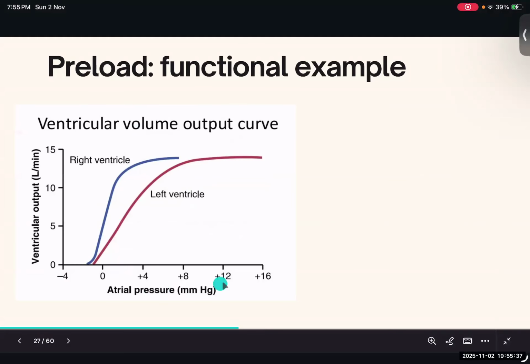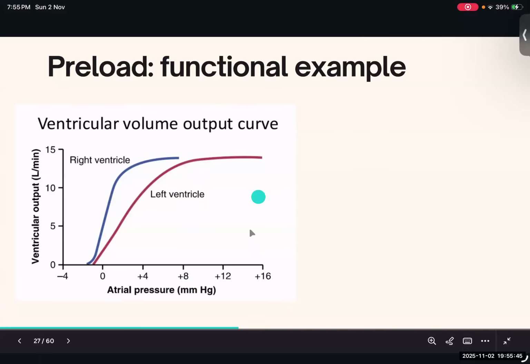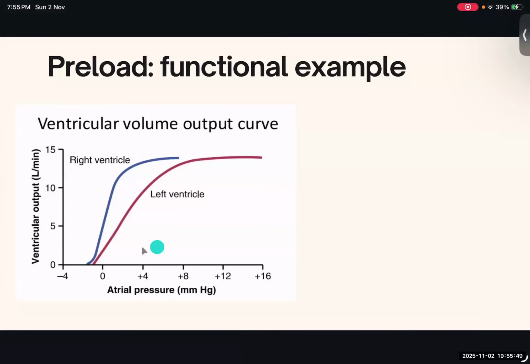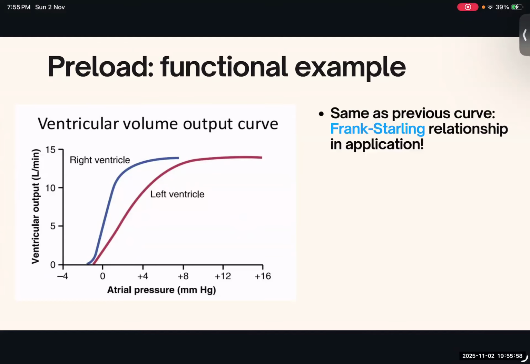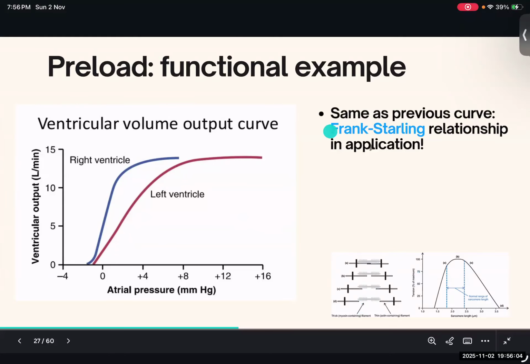So atrial pressure, i.e. the pressure caused by the contraction of the atria filling the ventricles, is going to increase the amount of blood, increasing the preload, and increasing the output and the stroke volume of the ventricles. Again, I know I'm repeating myself here, but it's a very important basic concept. So this is what we call the Frank-Starling relationship, which is the stretch of the myocytes. This is just the fancy name for it.